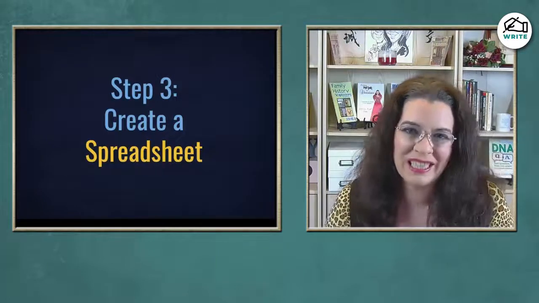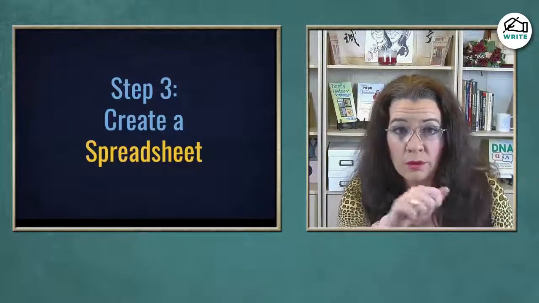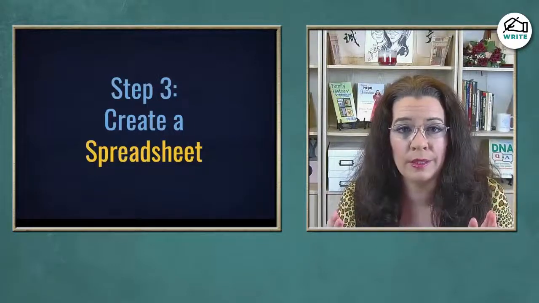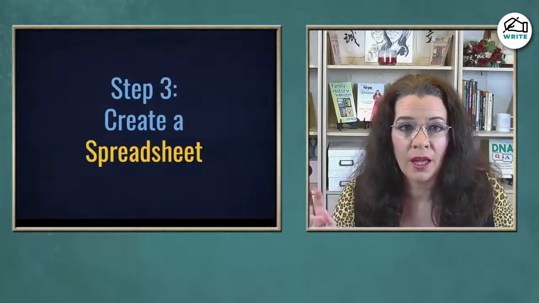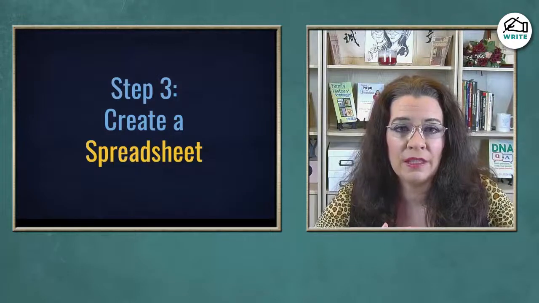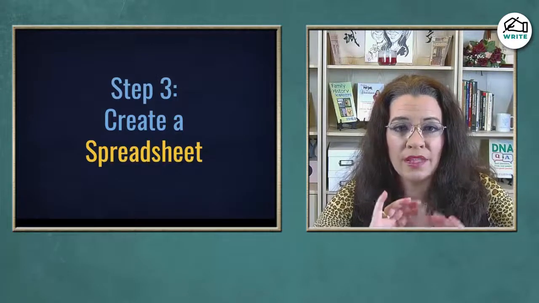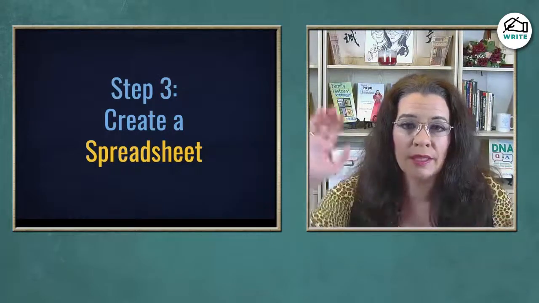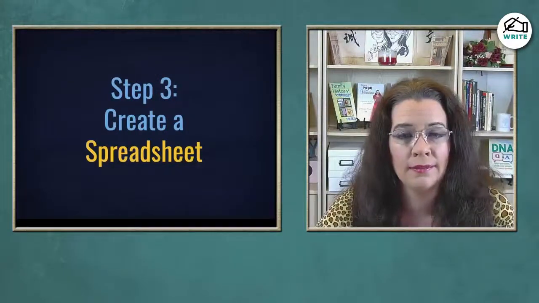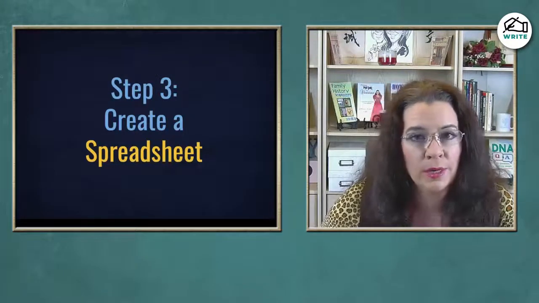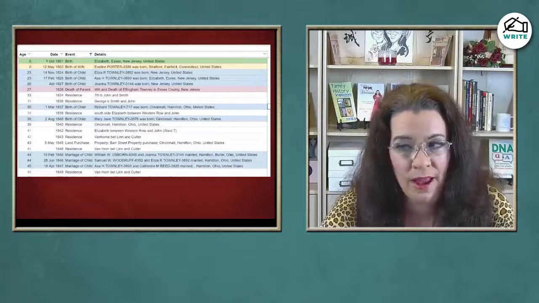Which brings me to the need to create a spreadsheet or draw a table on a piece of paper, because you can bring in the life events of the parents and the children and the spouses and the siblings, but sometimes those grandparents and cousins and aunts and uncles need to come in as well. And a spreadsheet is going to be your best friend.